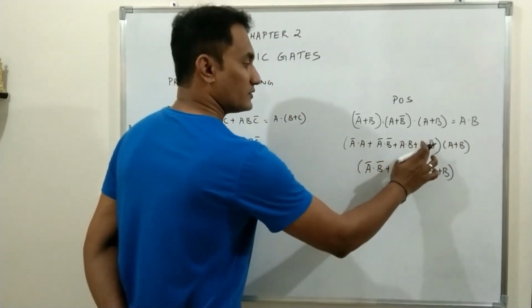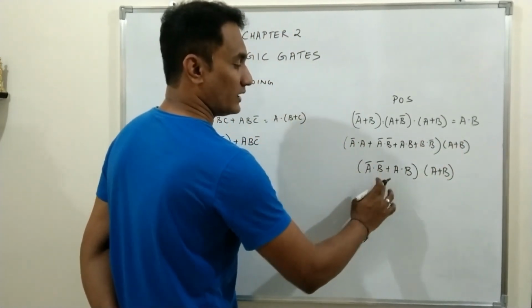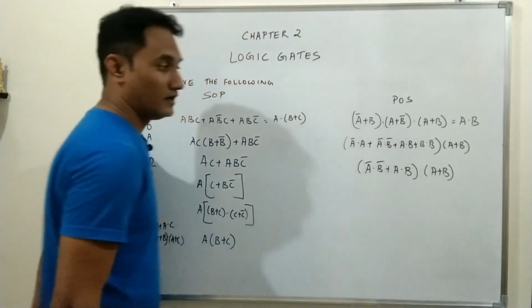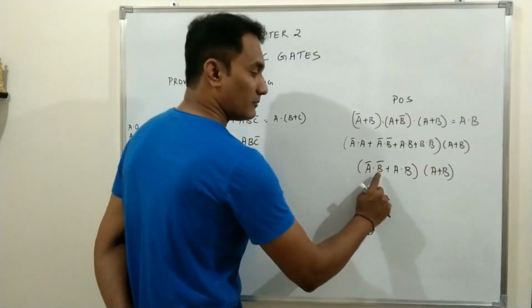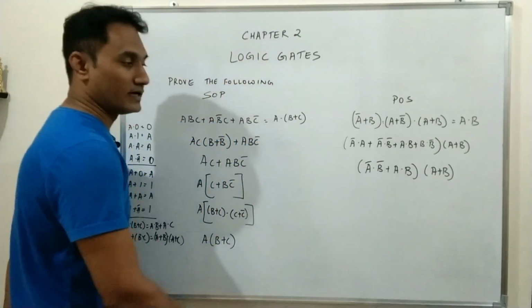So these two terms become 0, and whatever is left is this one. This cannot be further simplified. Now we will multiply this term with this term to get the answer.